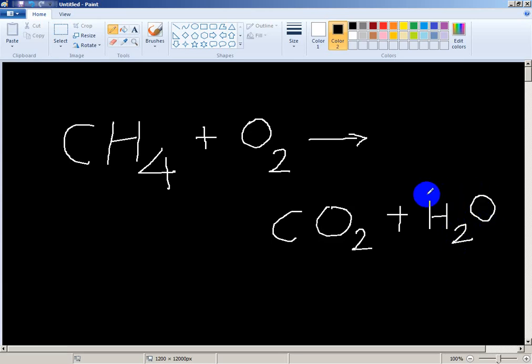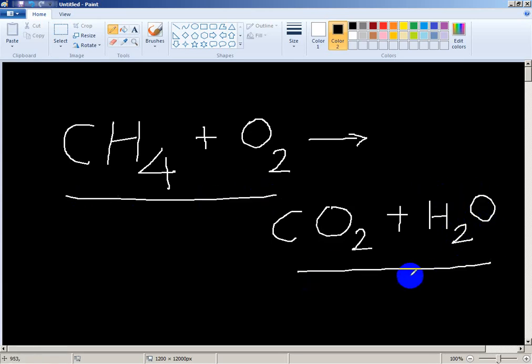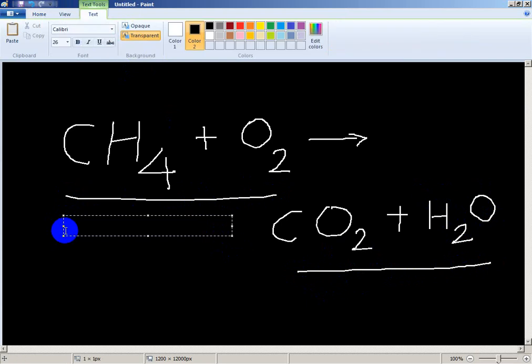Okay, these are reactants. These are products. Substances which participate in the reaction are reactants.